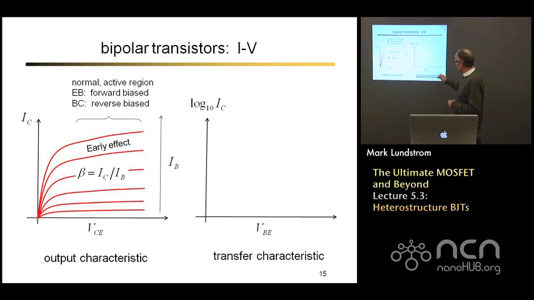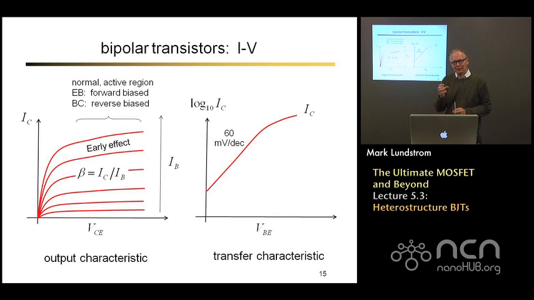We could also plot these characteristics as the transfer characteristics. Output current on a log scale versus input voltage at the base emitter terminal. If you do that, what we'll find is that the output current goes exponentially with the base emitter voltage until you get to very high currents where series resistance and some other effects cause it to roll over a little bit. The slope is ideal. It's 60 millivolts per decade.